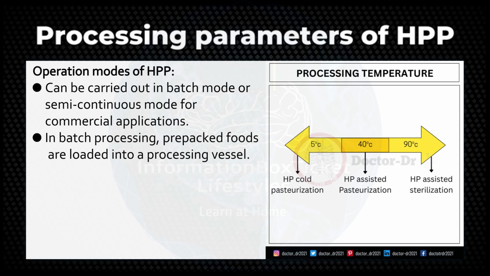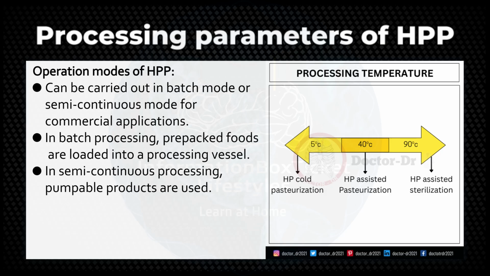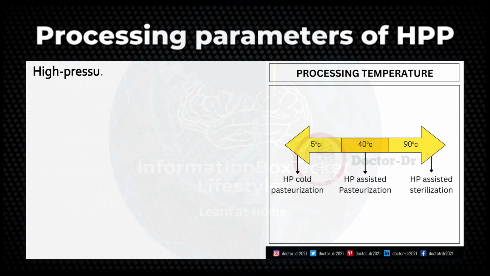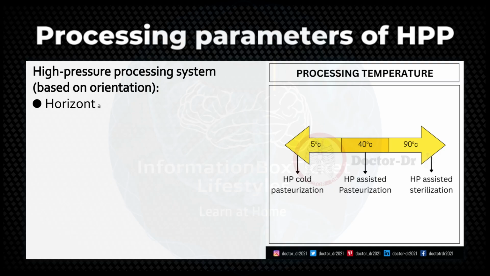In batch processing, pre-packed foods are loaded into a processing vessel. In semi-continuous processing, pumpable products are used. Industrial HPP is most commonly carried out in batch processing mode. High-pressure processing system based on orientation: horizontal high-pressure processing system and vertical high-pressure processing system.